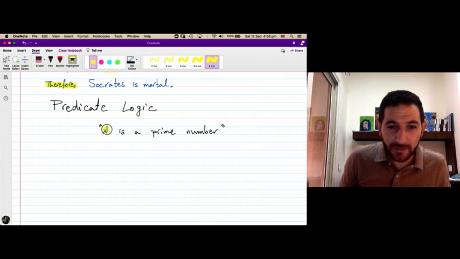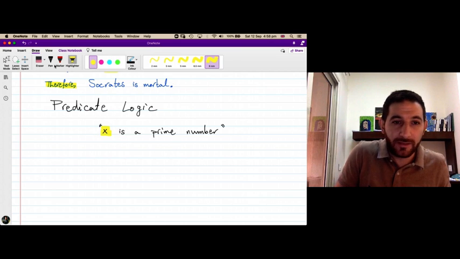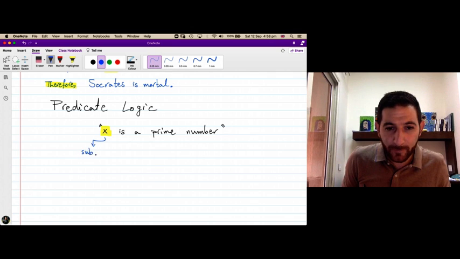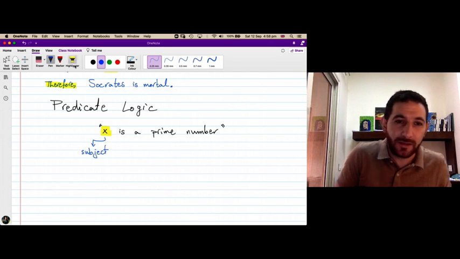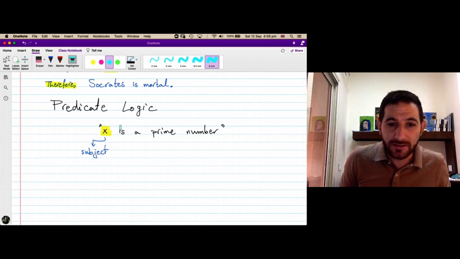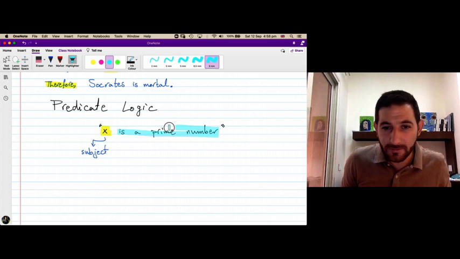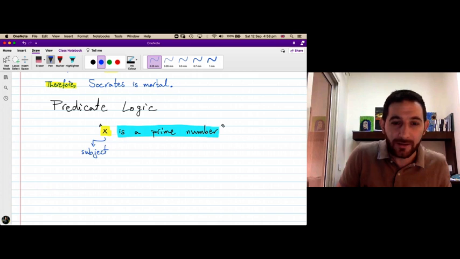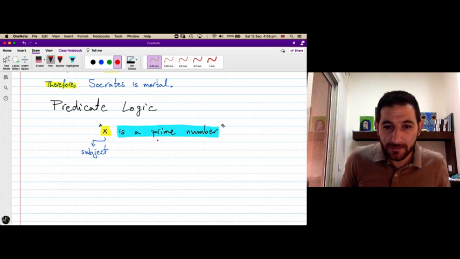The first part is x, which is the subject of the statement, and the other part is "is a prime number." We call this the predicate of the statement.